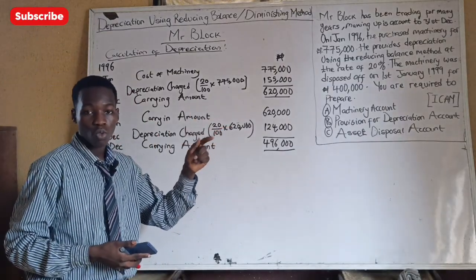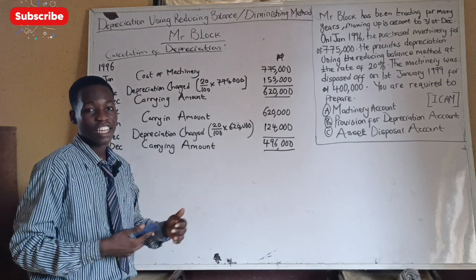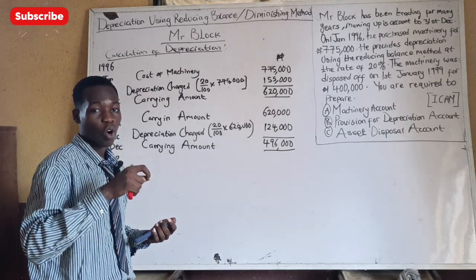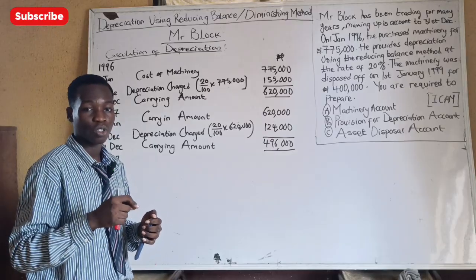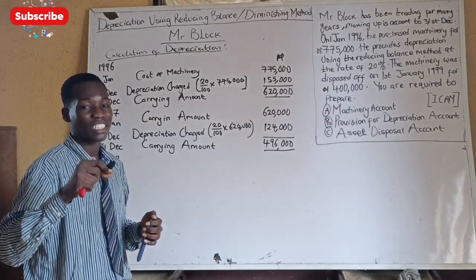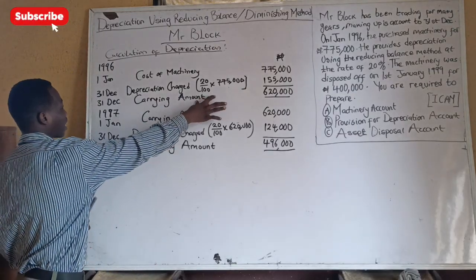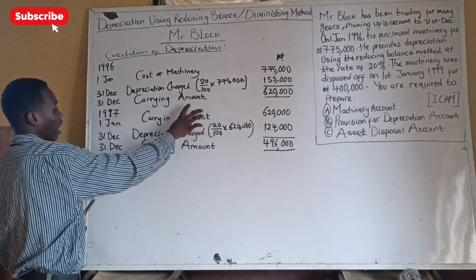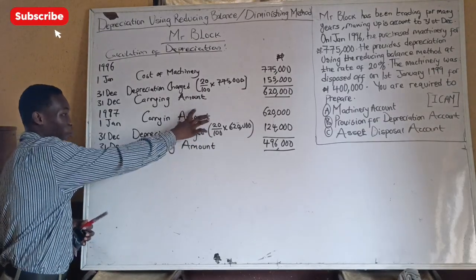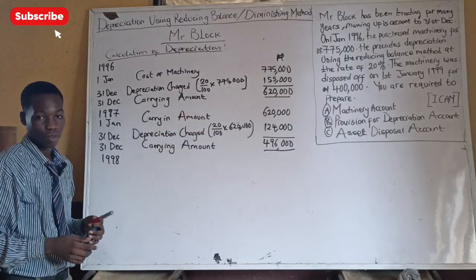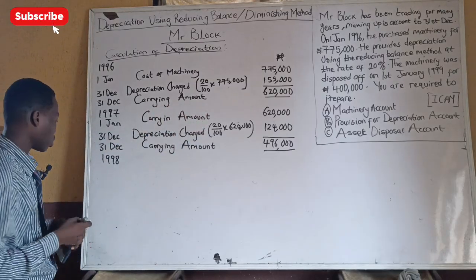The net book value or the carrying amount of the asset at the end of 1998 is the value or the carrying amount at the beginning of 1999. Don't forget, the way we are solving this, the carrying amount at the end of 1996 is also the carrying amount at the beginning of 1997. So that is what you need to understand when you are computing your depreciation.